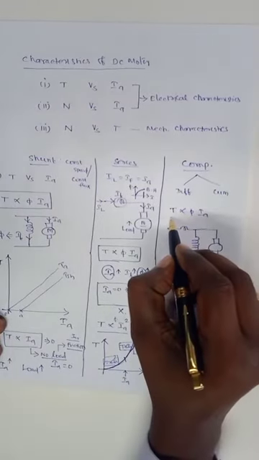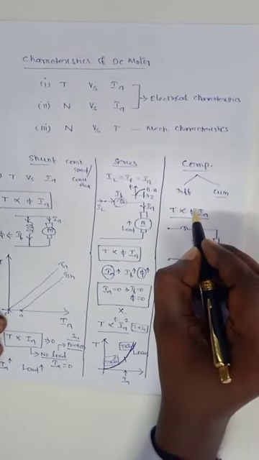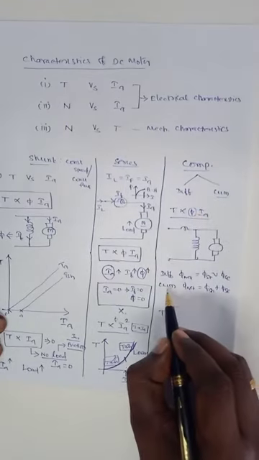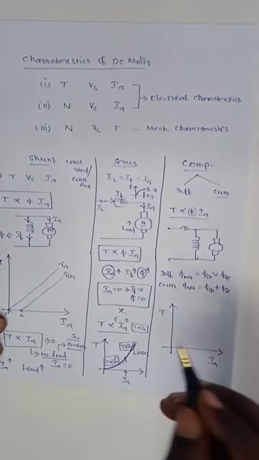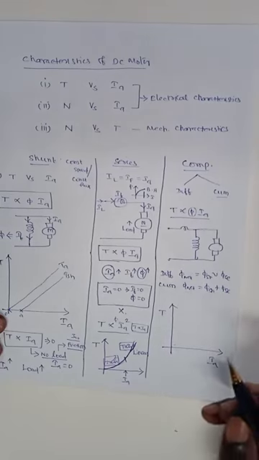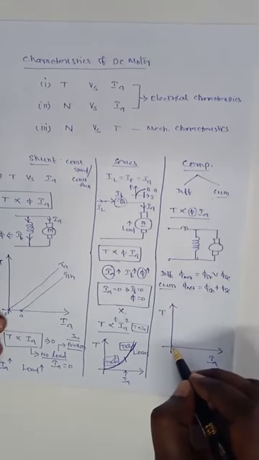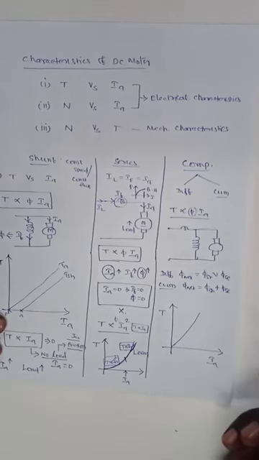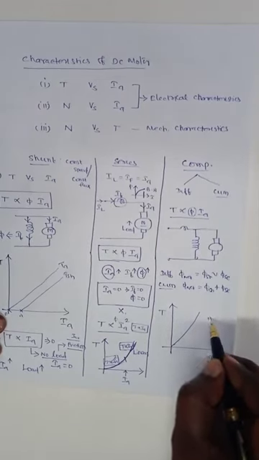Already we said that torque is proportional to phi Ia. In the cumulative type, the flux values are added, because the net flux is phi shunt plus phi series. We know that in a shunt motor the torque increases linearly, but in the cumulative compound motor, since the torque is proportional to phi Ia, the flux increases with load, so the line will be above the shunt line.